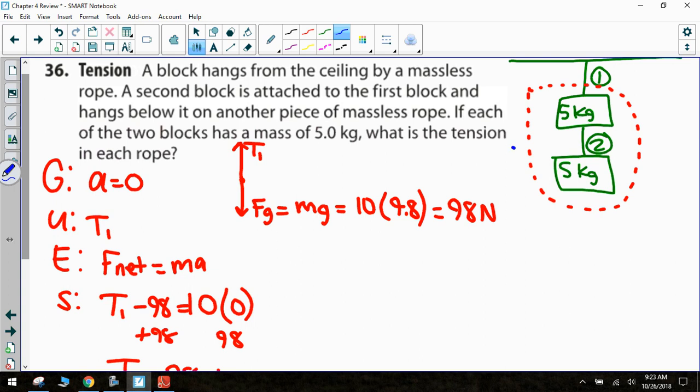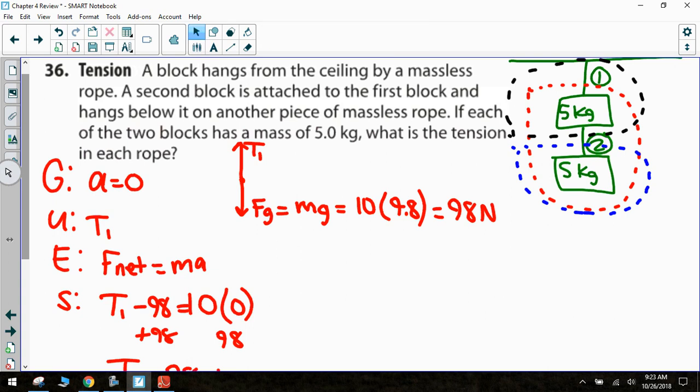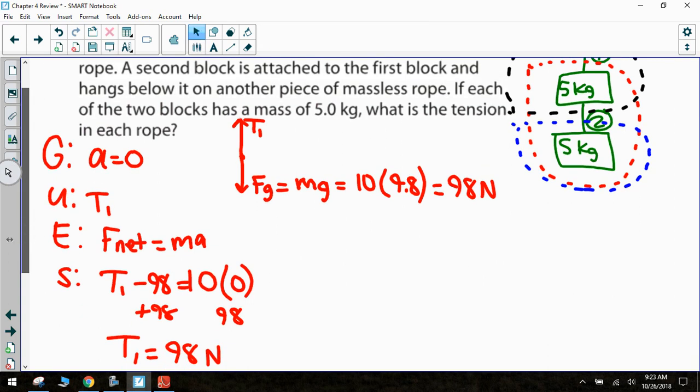So you can either cut it this way, or you can cut it this way. Y'all want to do the black one or the blue one? Blue? All right, so we're going to do the blue one, this bottom one. Okay, so now I have a dot, which is my block, right?